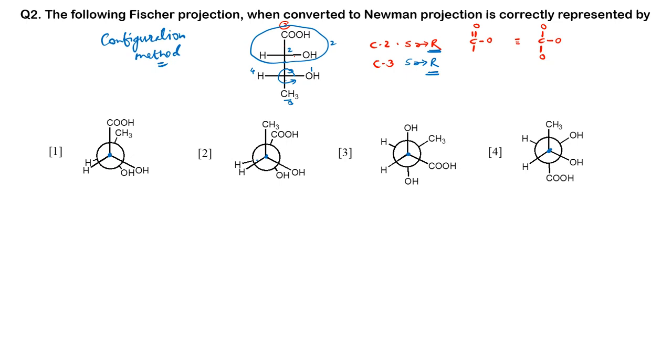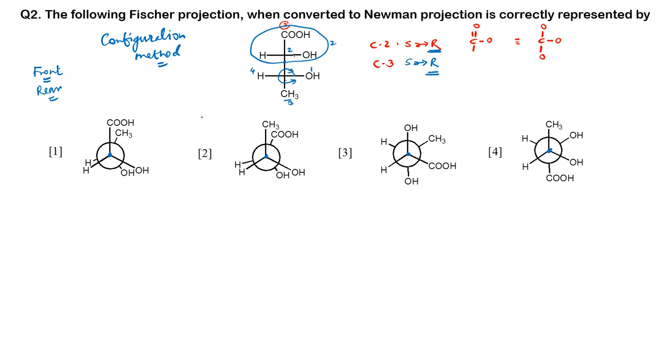So many times if students do not have the exact understanding of the front carbon and the rear carbon, then it will be difficult and not easy to write the structures, Fischer into Newman and Newman into Fischer.